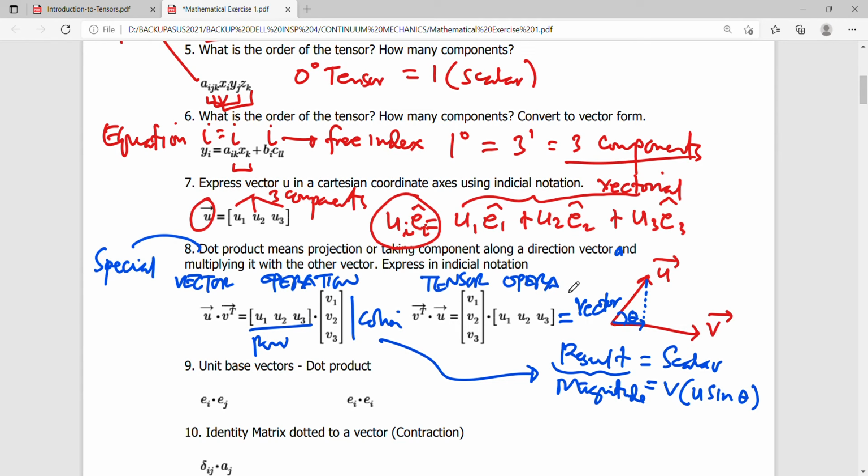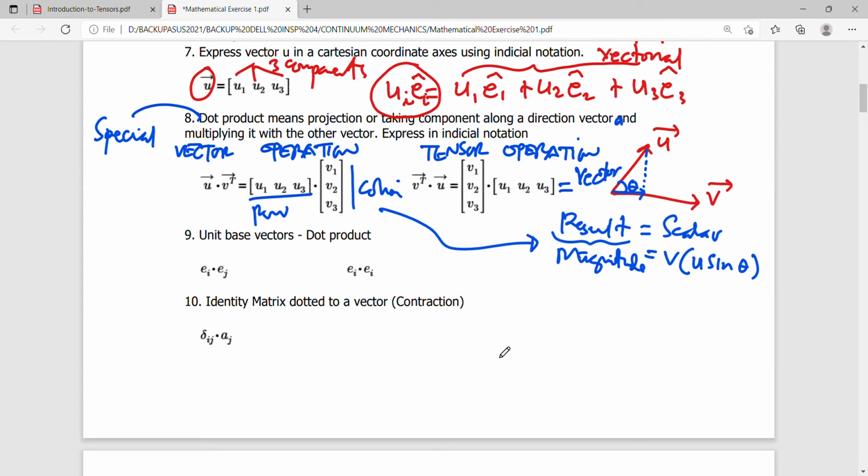So the tensor dot product has a different procedure and meaning compared to the special dot product used in vector operation. Okay, so we will check some of these operations later when we encounter them.